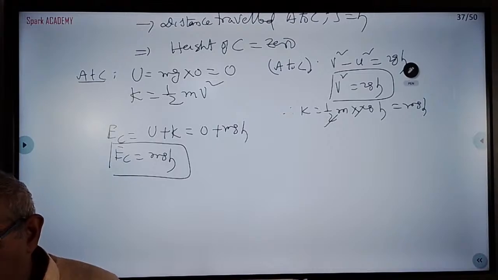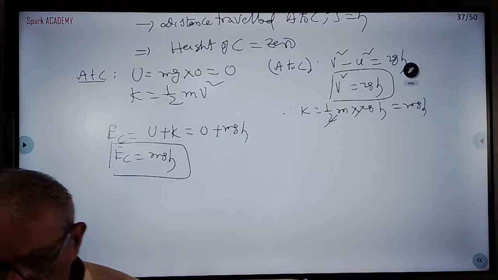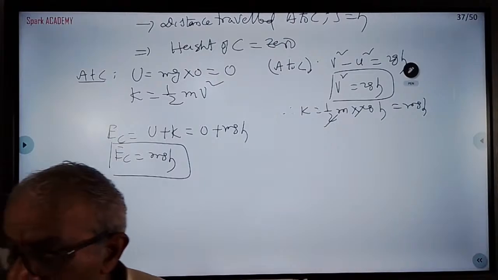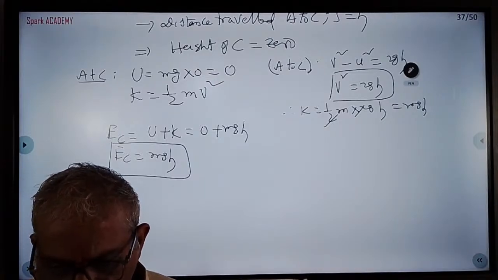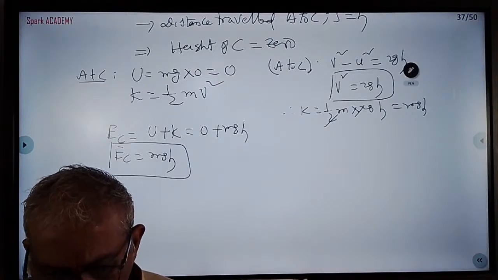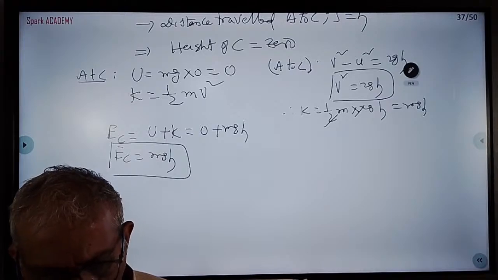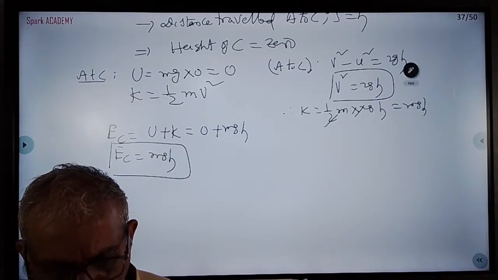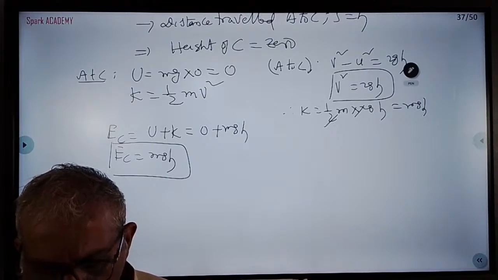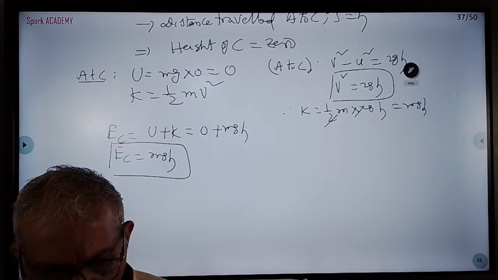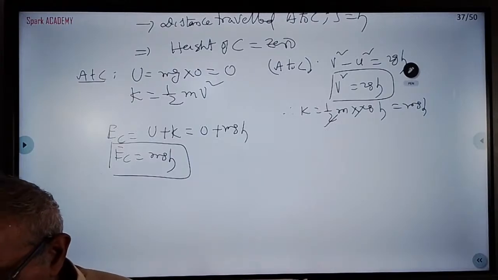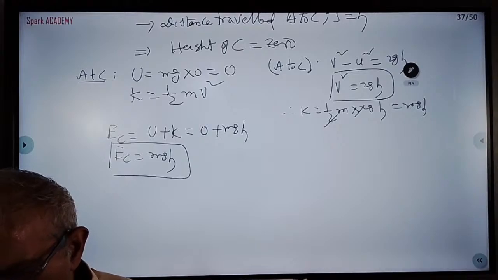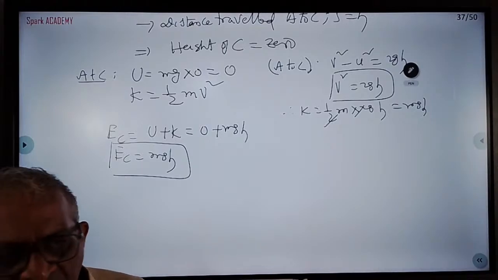I am reading it out: a pump is required to lift 600 kg of water per minute from a well 25 meters deep and eject it with a speed of 50 meters per second. Calculate the power required to perform the above task. This problem is a 2 marks question.